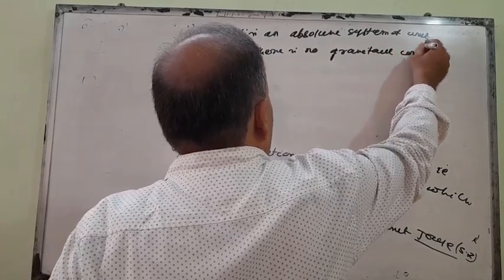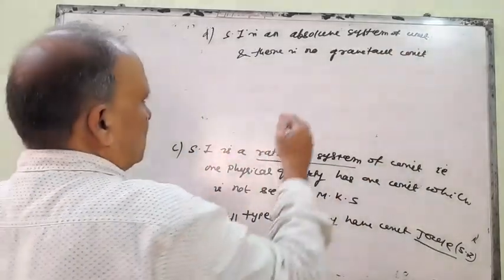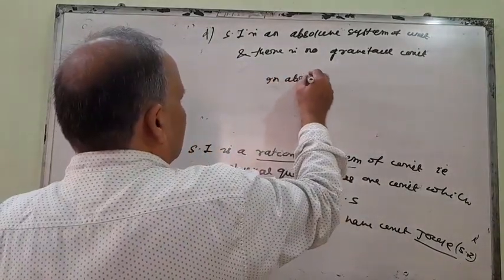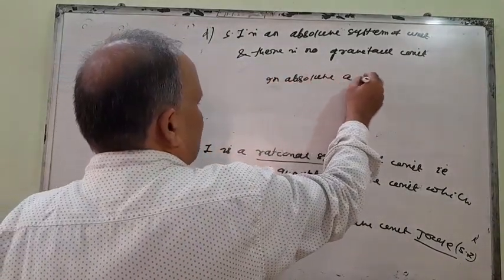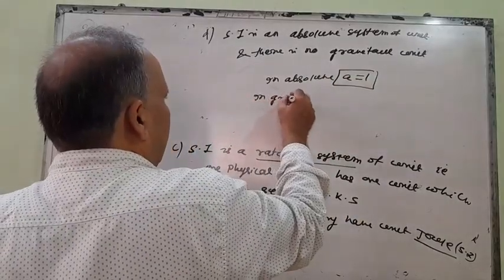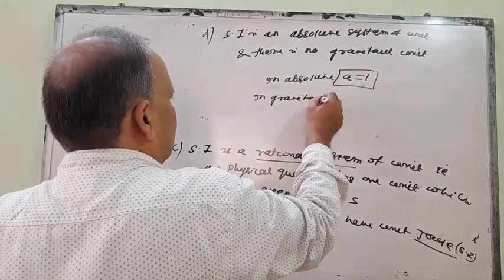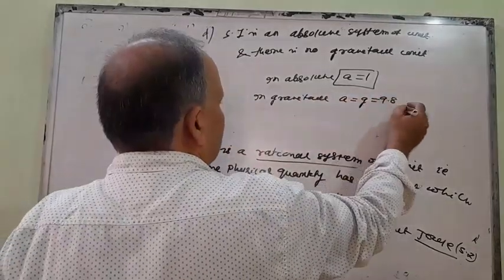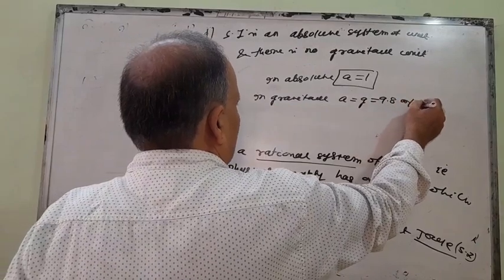In MKS, there are two types of unit. One is absolute, another is gravitational. In absolute, acceleration is always taken as 1. In gravitational system, acceleration is equal to g, that is your 9.8 meter per second square.